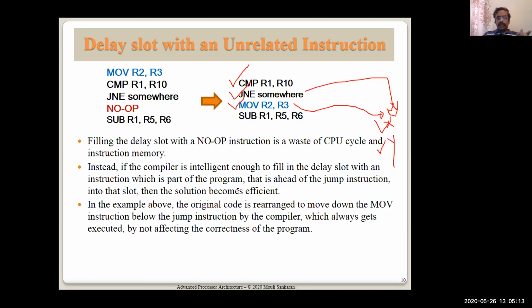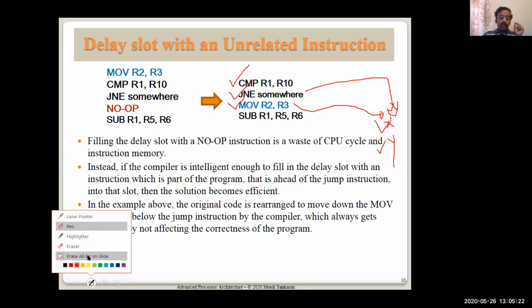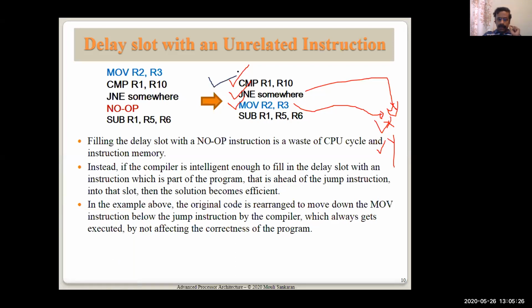Now, if I ask you a question: give me a list of instructions which are executed assuming the jump is not taken. Then you have to say compare is executed, JNE is executed, the jump is not taken, then move is executed, then sub is executed.